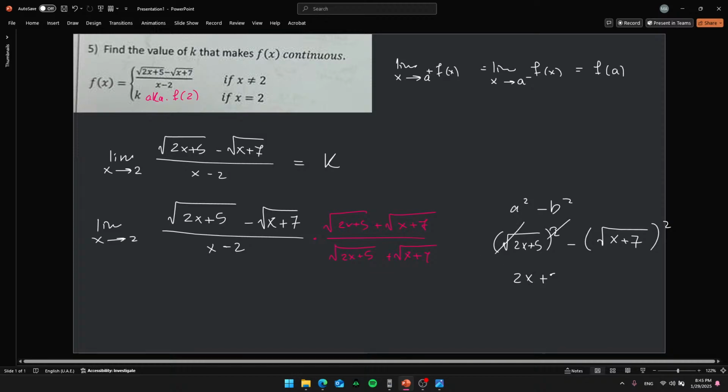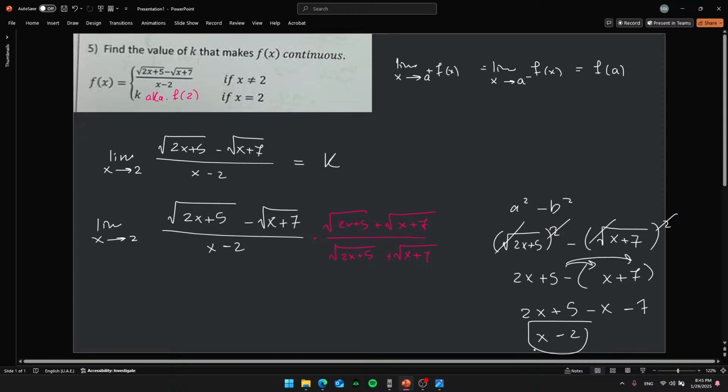So 2x plus 5 minus, put them in parentheses please, x plus 7. Then distribute the negative over the parentheses: negative x, negative 7. Now combine like terms. 2x minus x is x, minus 2. So the numerator will be simplified to x minus 2.